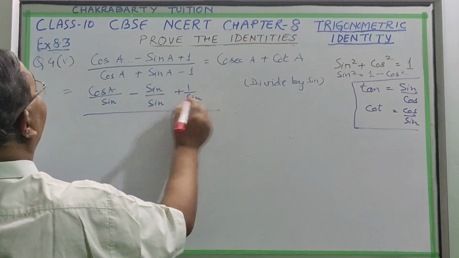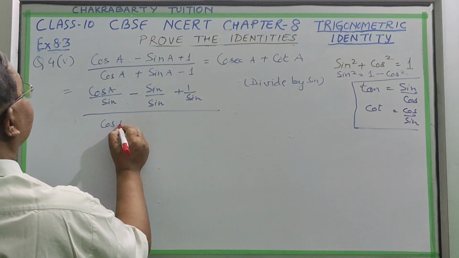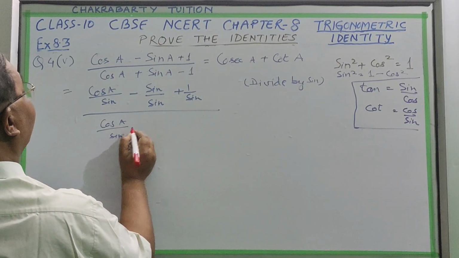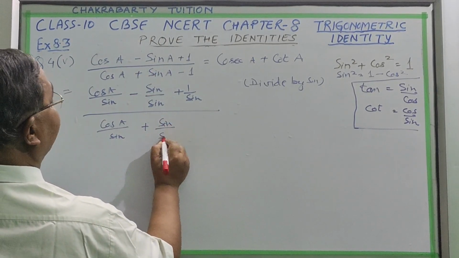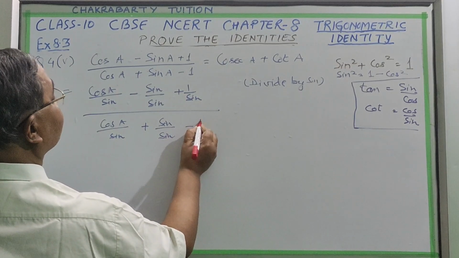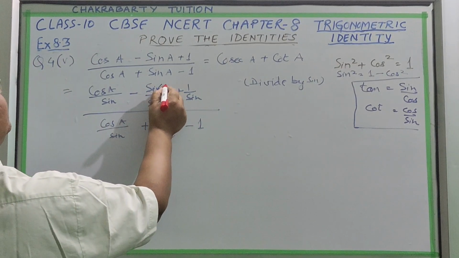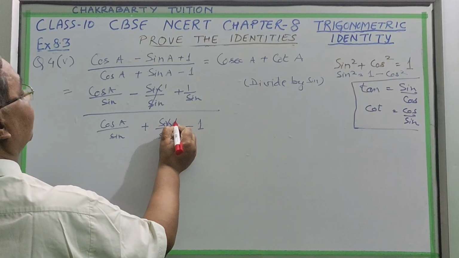And here also cos A upon sine, everywhere it will divide, plus sine upon sine minus 1. If we cut it, it will become 1.